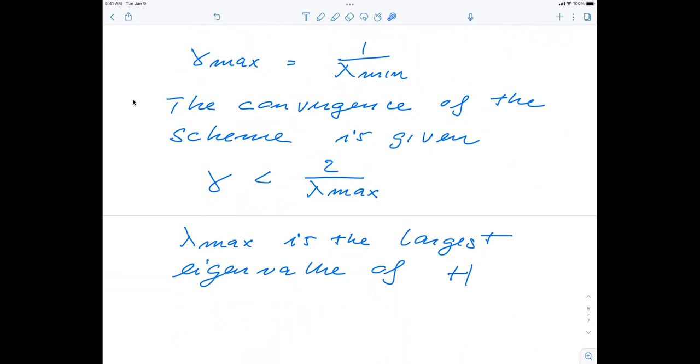And the way it's going to converge, you can also relate to something called the condition parameter, which is the ratio between the largest eigenvalue divided by the smallest eigenvalue. If these two eigenvalues, the minimum and the maximum, are very different, then normally the convergence rate is much slower.